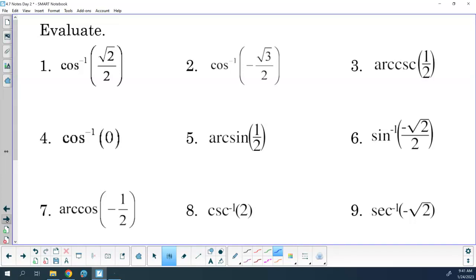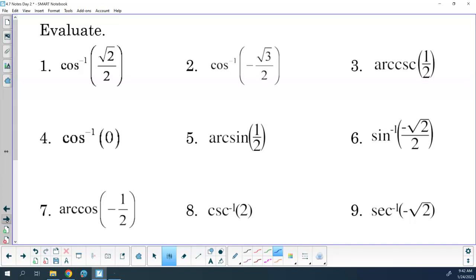which function am I doing? Because it depends on where I'm looking on the unit circle. So if I'm looking for sine, like we were doing Friday and earlier today, I'm looking at the right half of the unit circle. If I'm looking at cosine, I'm looking at the top half of the unit circle.